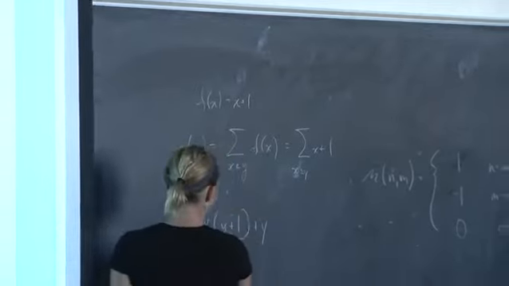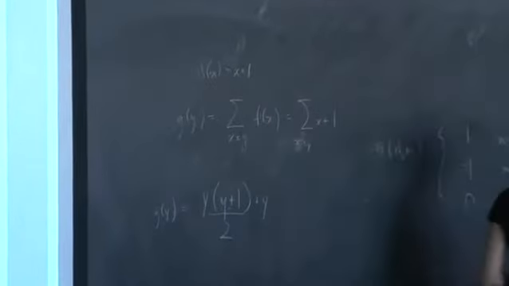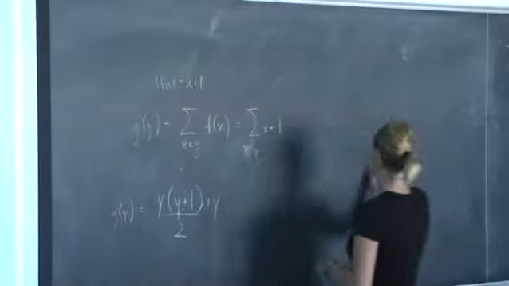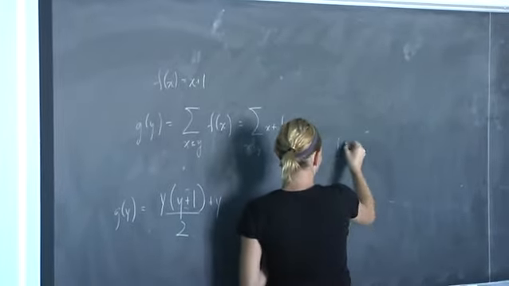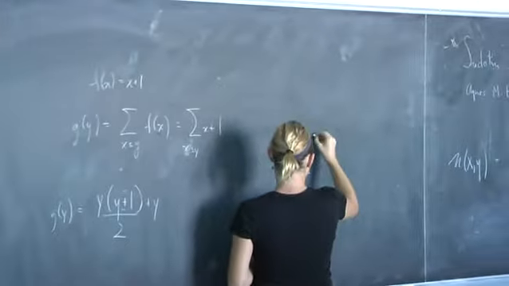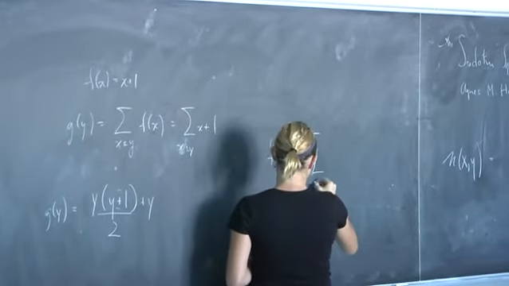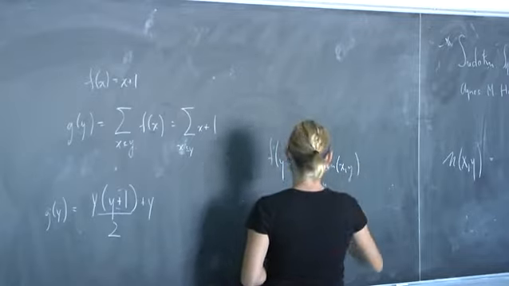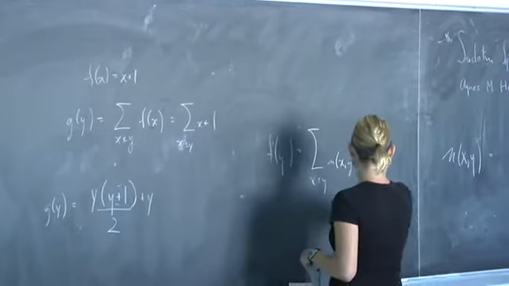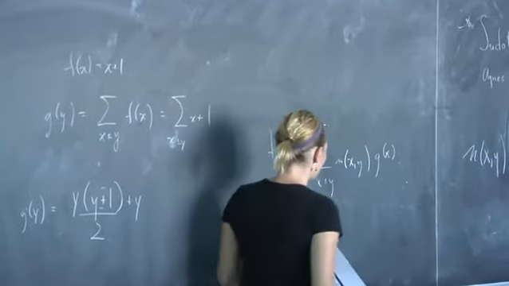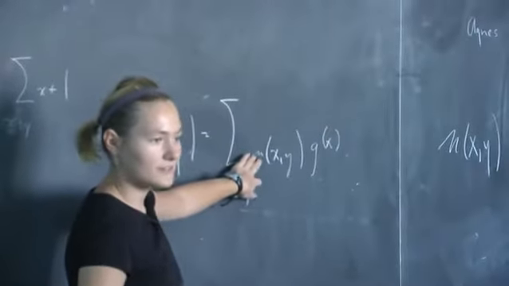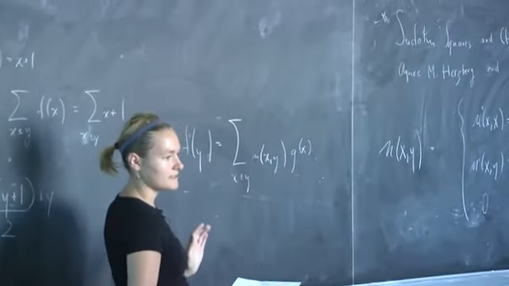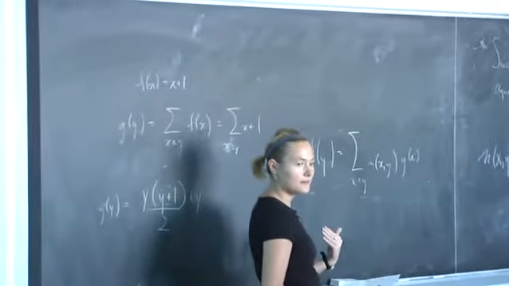And so then we want to figure out our f of y. So I'll erase this. Then f of y is going to be equal to the sum of x less than or equal to y, mu of x y, g of x. But we just calculated this Mobius function. There's only two non-zero terms: the case where x is equal to y and the case where x is equal to y minus 1.